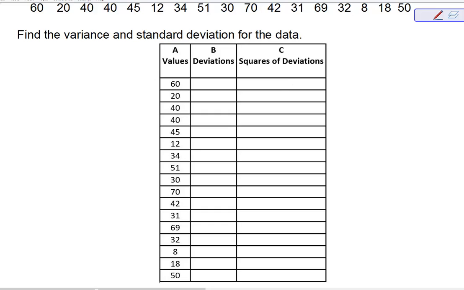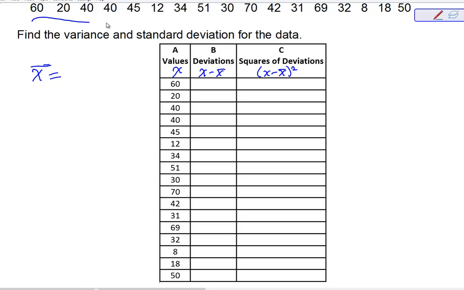Remember that column A is just your x values, column B is going to be x minus x bar, and column C is where we're going to square that column B. Okay? First thing that we have to do is find our x bar.